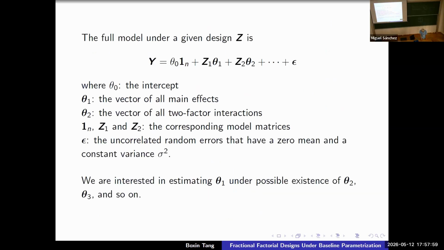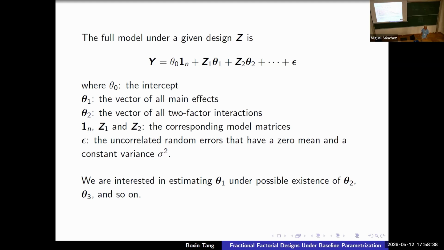Now let's consider the model. The full model under the design is given by this, in which theta 0 represents the intercept. Theta 1 is the vector of all main effects. Theta 2 is the vector of 2-factor interactions, and so on. And this one is the vector of 1s. It's the model matrix in your linear model, the column of 1s.